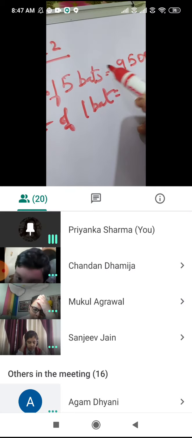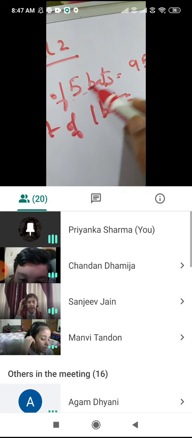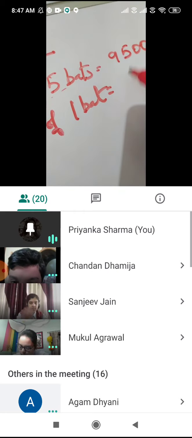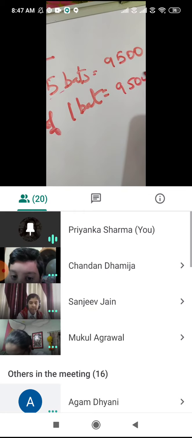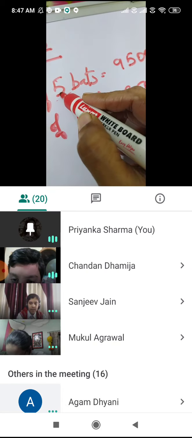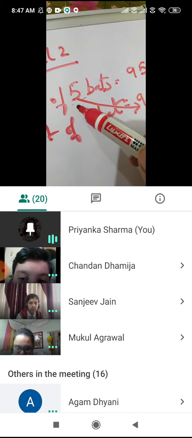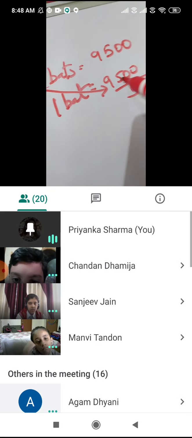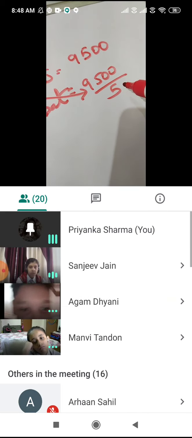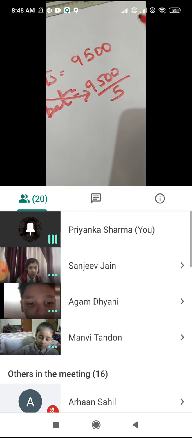As I told you, first we write the cost of five bats this much, and then when we find out the cost of one bat, the number on the left hand side comes in the denominator. In the denominator means we have to divide.